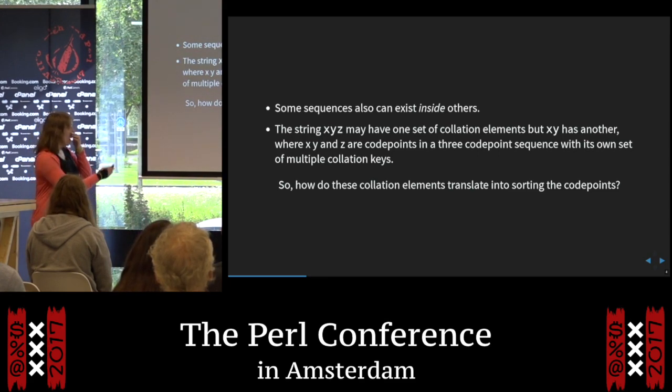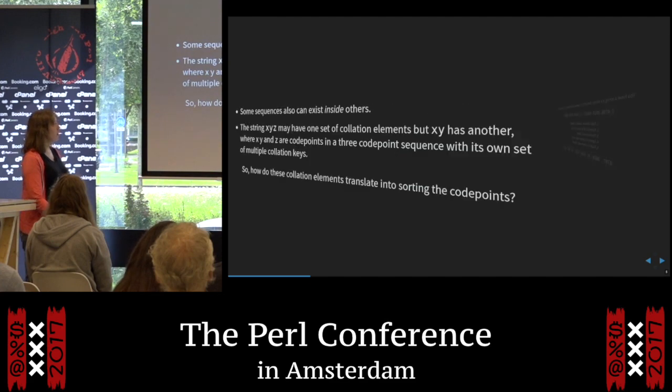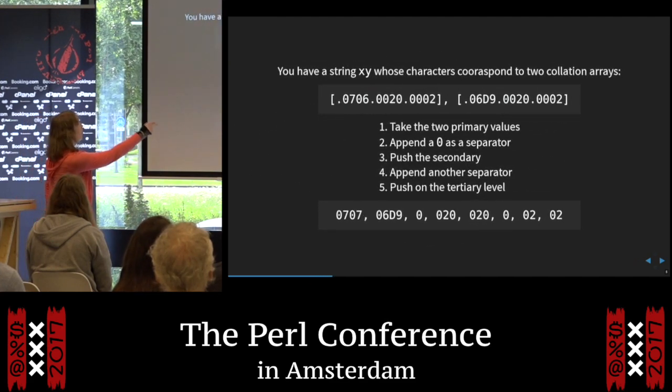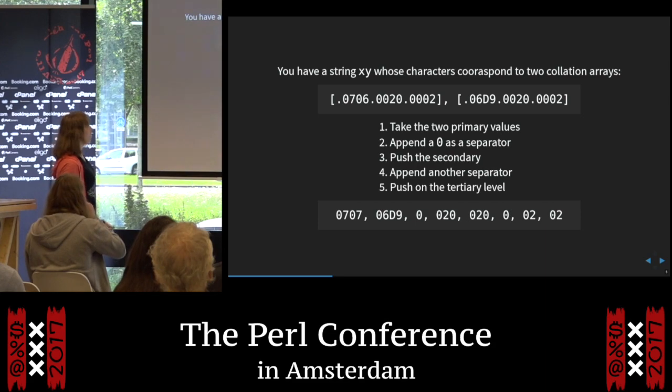So how do these collation elements translate into certain code points? Here, for two characters X and Y, I grabbed these from some random characters. It's not actually X and Y, but these values here. The collation algorithm is defined by Unicode.